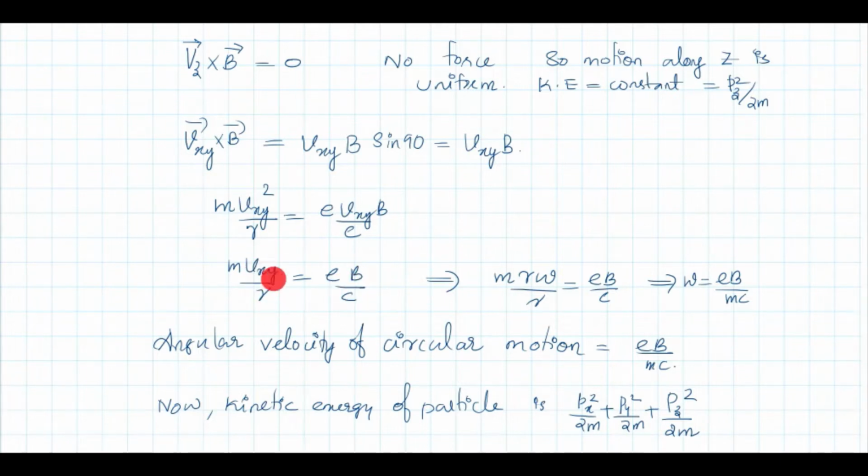V you can substitute in terms of angular velocity, and it is r omega. So m r omega by r equal to eB by c. So omega is eB by mc. So in a plane perpendicular to the magnetic field, the particle will move in a circular path with angular velocity eB by mc.